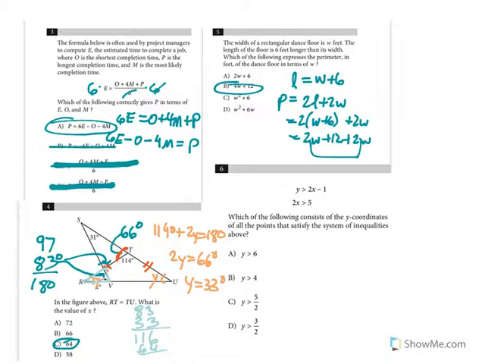Looking at this, what we can do is use an equal sign. We can change that to say y equals 2x minus 1 and 2x equals 5. Then we can use substitution to say that y equals 5 minus 1, y equals 4.